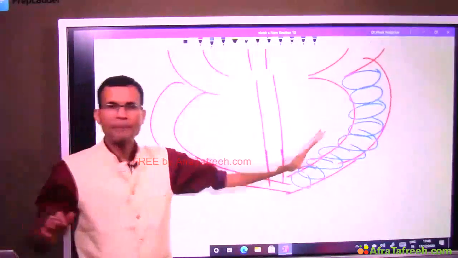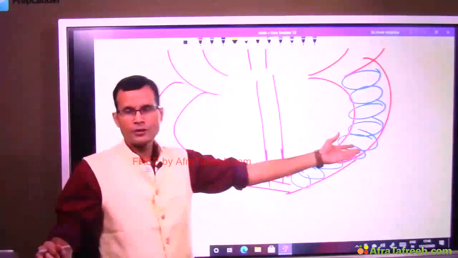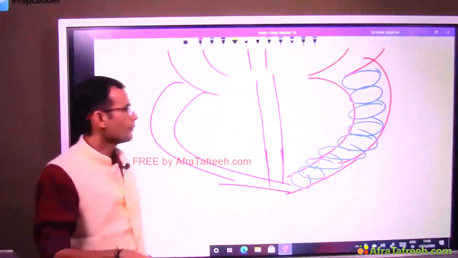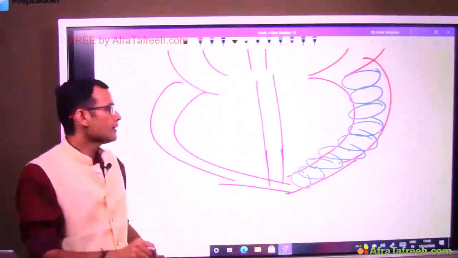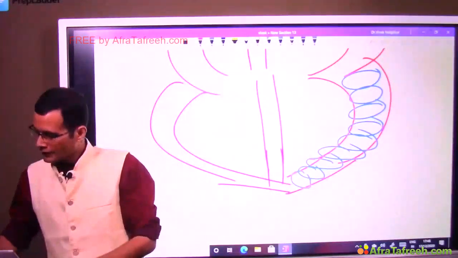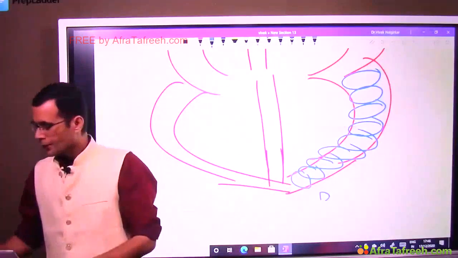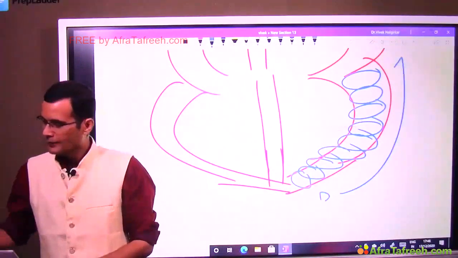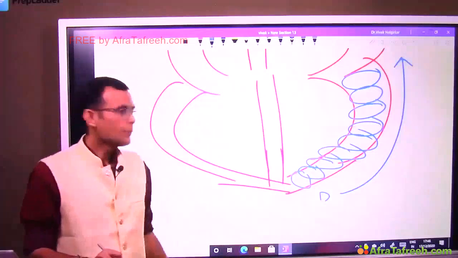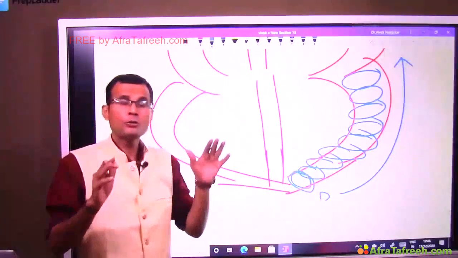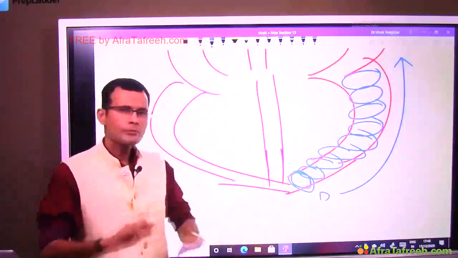I know cells are not lined like this. They don't appear like this. This is just to understand. What I'm saying is depolarization, let's write D, goes from apex to base. It means the cell at the apex is first to depolarize. Clear?